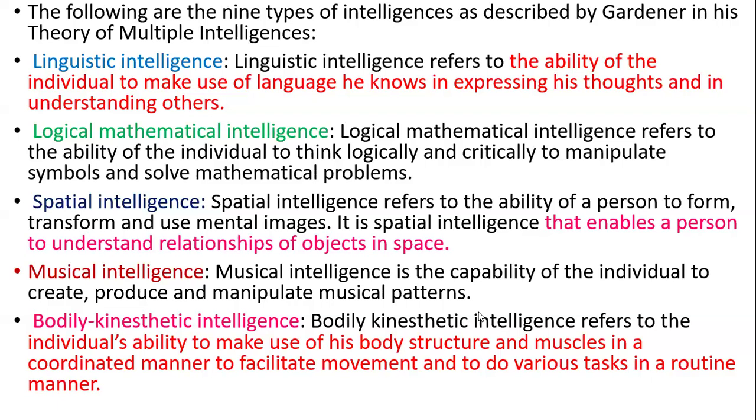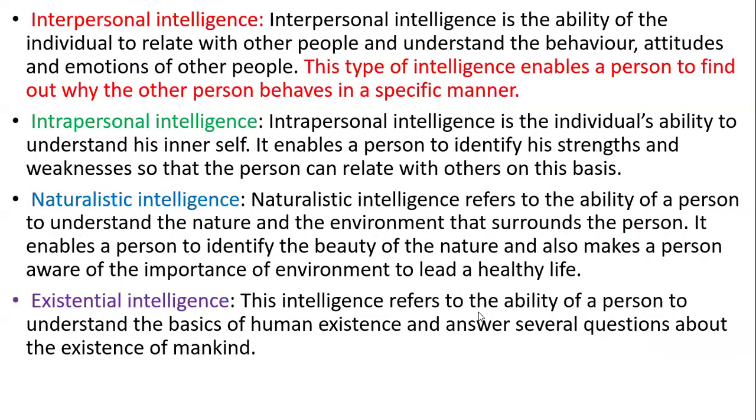He sees the ball is coming. Then he uses his hands to hit the ball. That means the structure and muscles he uses. There's a coordination of brain, eyes, and muscles. Then again, he has to use his feet as well. So like that it facilitates the movement to do various tasks in a routine manner. Right. Okay. Next one.